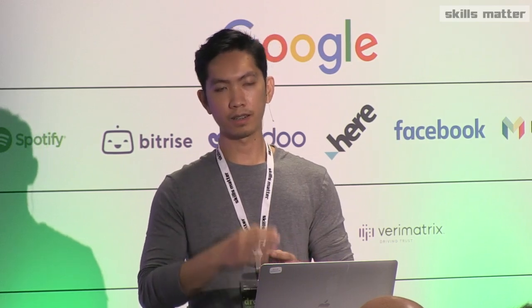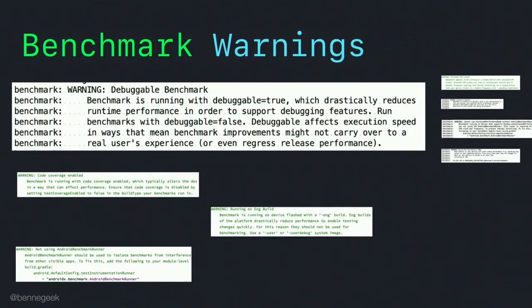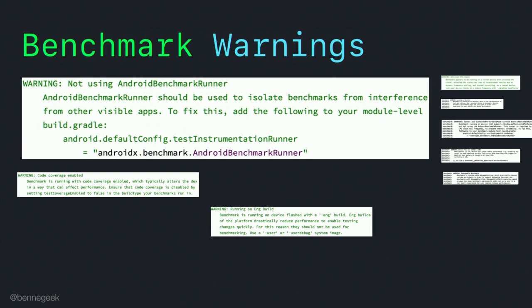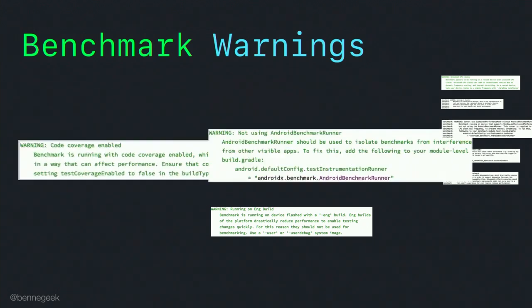Another one is, I've already mentioned, debuggable. You don't want to run your benchmarks on debug builds because it has a lot of things that are not there on the actual production app, and you don't want to measure those. You only want to measure the one in your production app. And this one is specifically for if you're not using the runner, separate to the other one, similar, that is also giving you warnings when you don't have the runner.